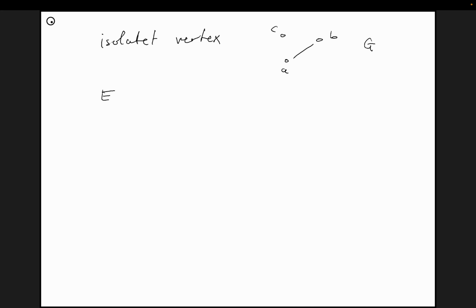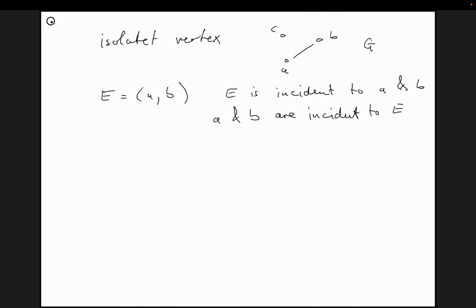For an edge AB, we say E is incident to A and B, and vice versa, we say A and B are incident to E. So this is the definition of incident, and an isolated vertex is just a vertex which is not incident to any edge.